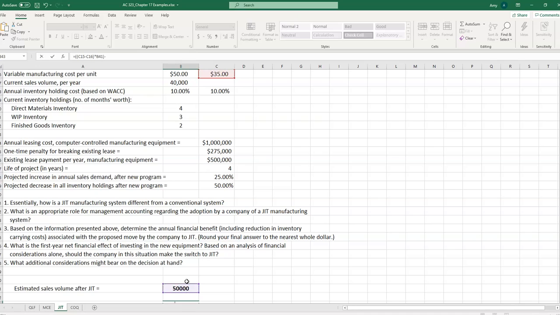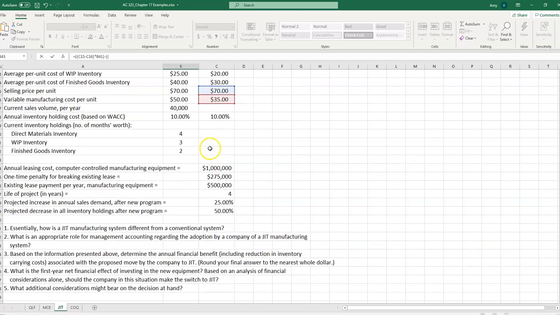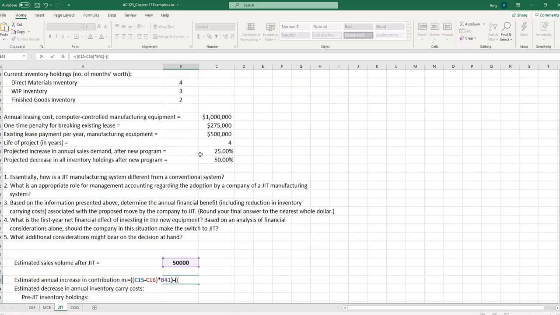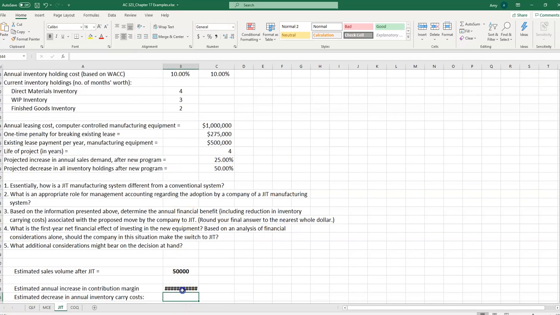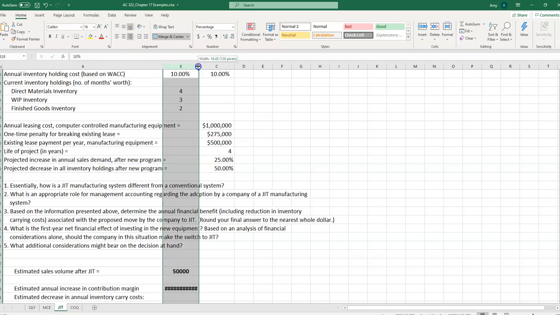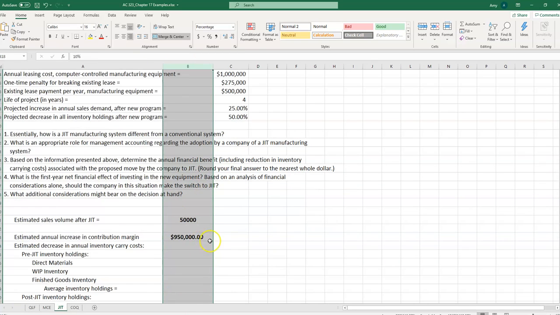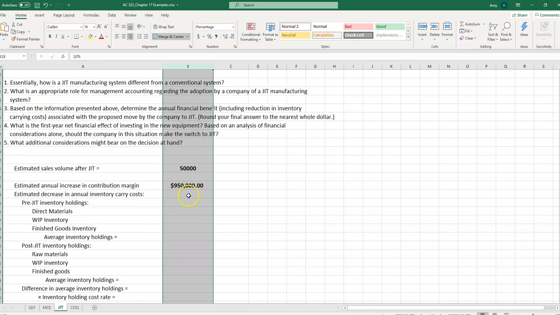And we're going to subtract that from our previous information, which is $70 selling price minus $50 variable cost times 40,000 units. So what we see is that we're going to have a $950,000 annual increase in contribution margin.